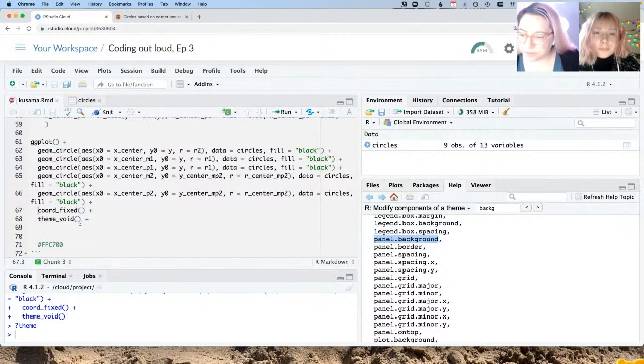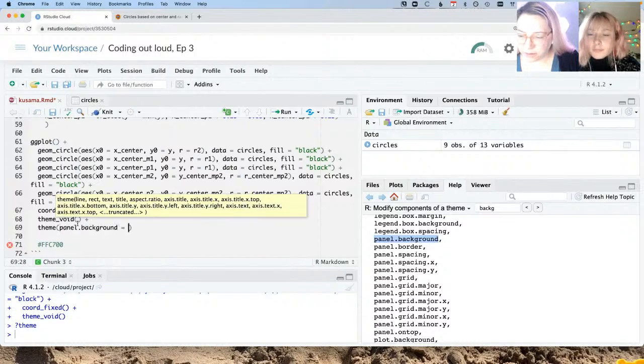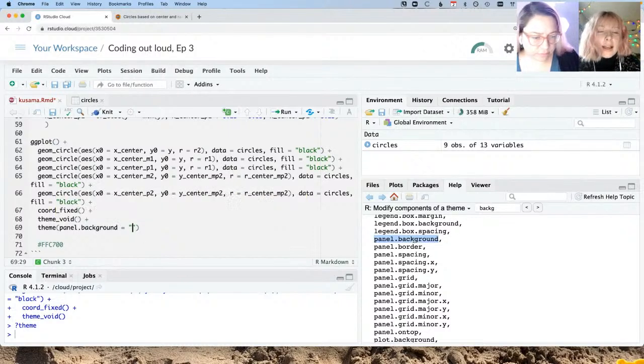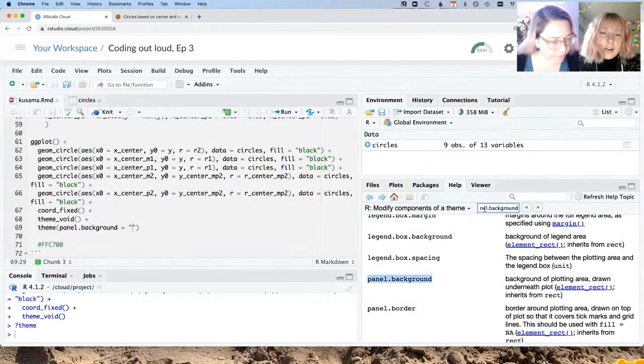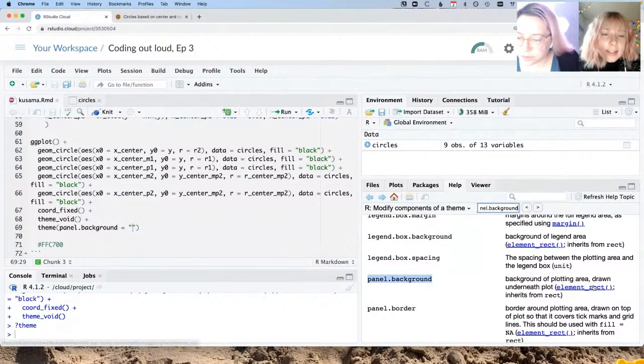Yeah, I think so. Oh, and for this, we have to do element rectangle. Anytime you're replacing elements of a theme, there are arguments like element rect.